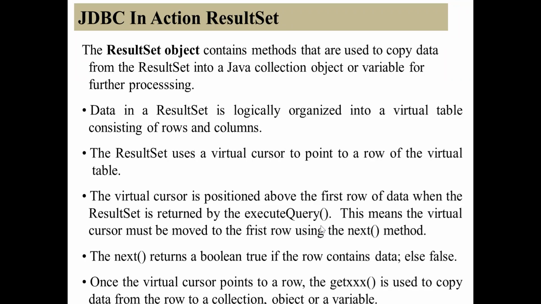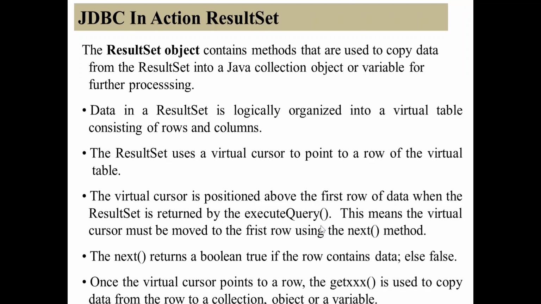When you're using the next method, it returns a Boolean value, either true or false. If the value is true, the row contains data. If the next method returns false, there is no more data in the virtual table.